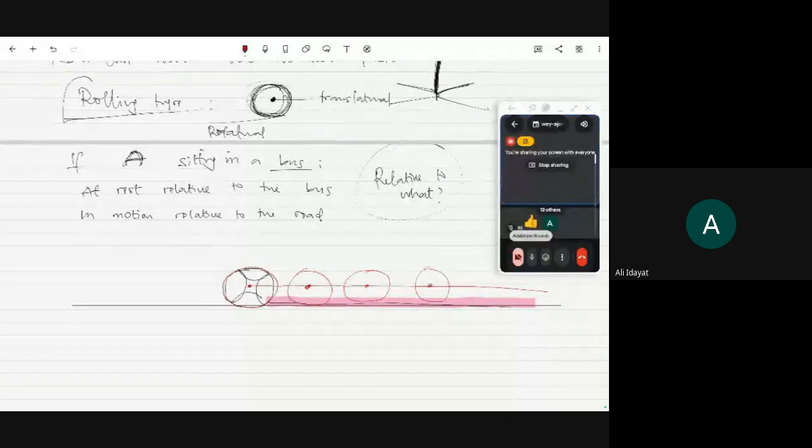So when a rotational object is moving in a straight line, you are rolling it. The center is translational, but the axis is rotational. Do you understand? Is it clear? Are you sure?